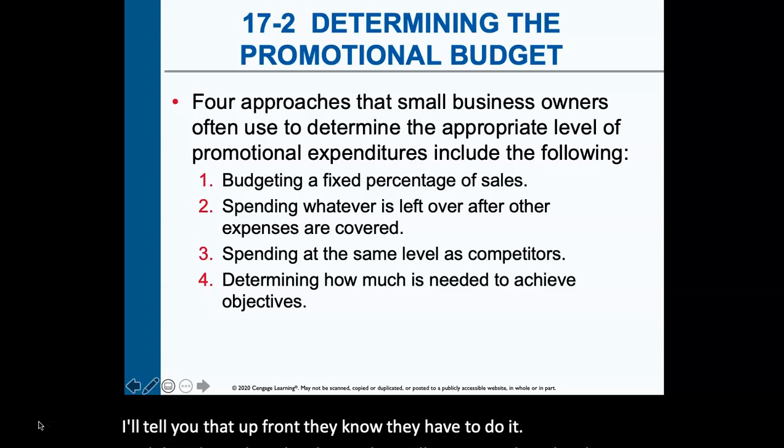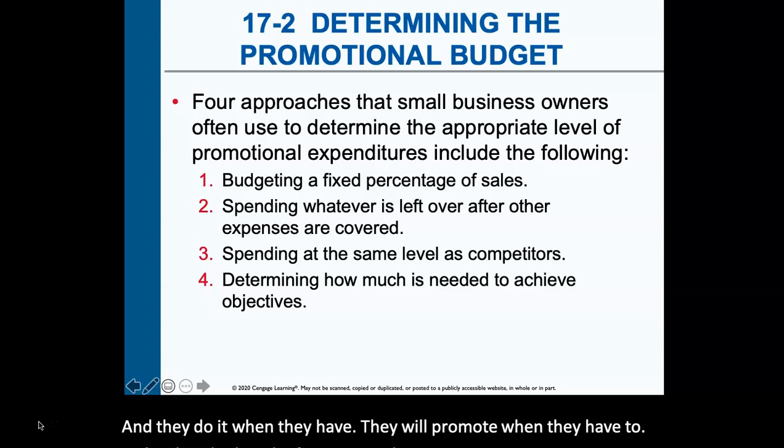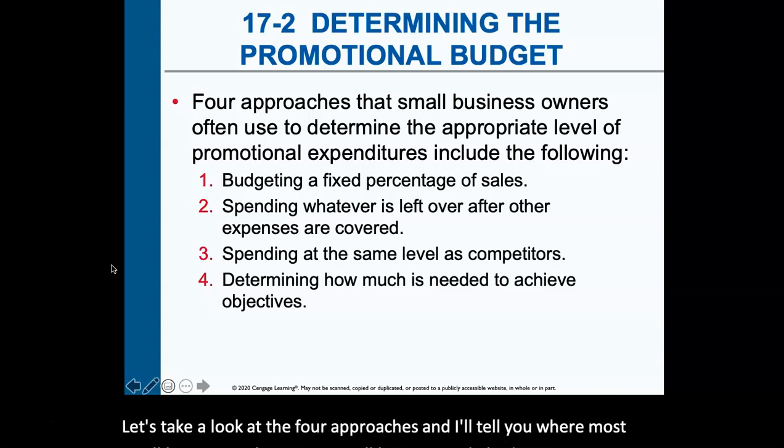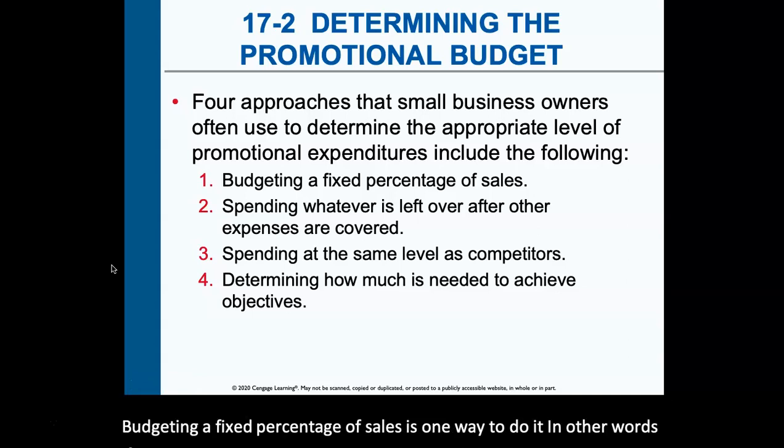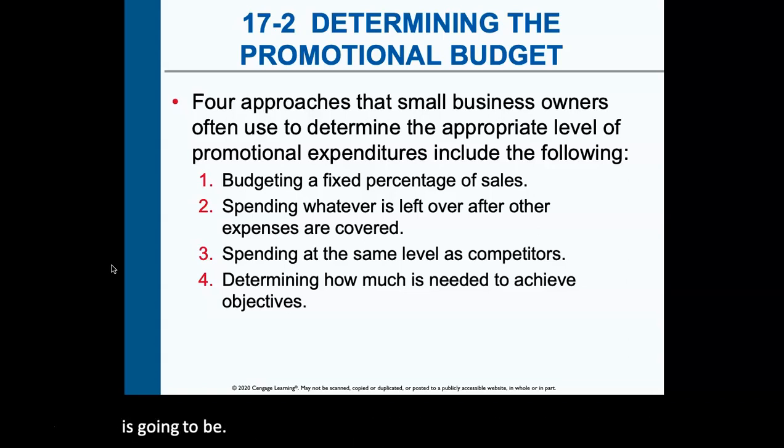But let's take a look at the 4 approaches, and I'll tell you how most small businesses do budget. Budgeting a fixed percentage of sales is one way to do it. In other words, if you're going to expect to have $1 million worth of sales during the year, you might say that 5% of those sales is going to be promotional in relation to the sales.